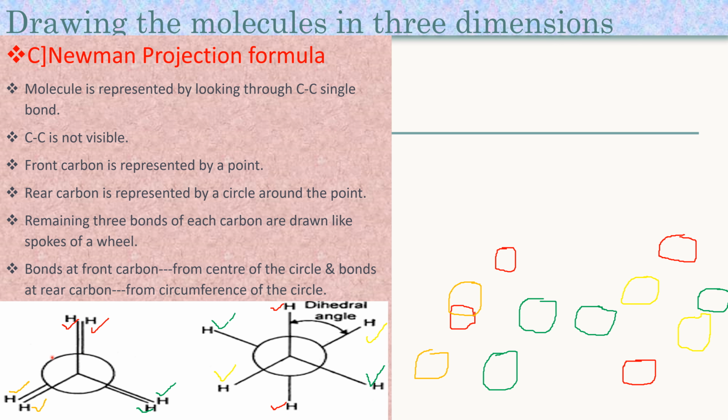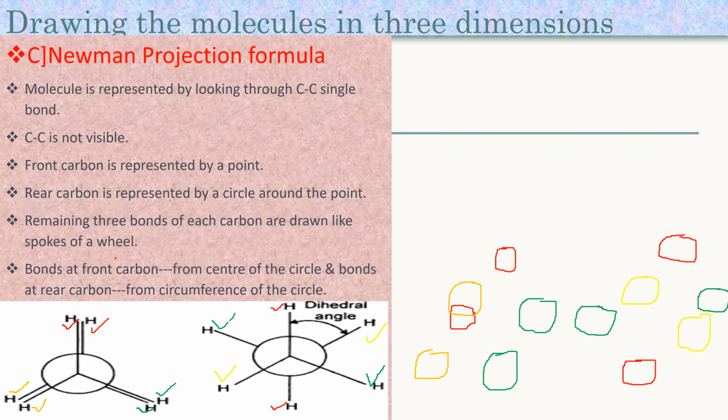Now look here, this is the circle around the point. This is the point at the center and this is the circle. This circle means the backside carbon atom, and this backside carbon atom we are not able to view, but it is imagined that the backside carbon atom is there and it is shown by the circle around the point.